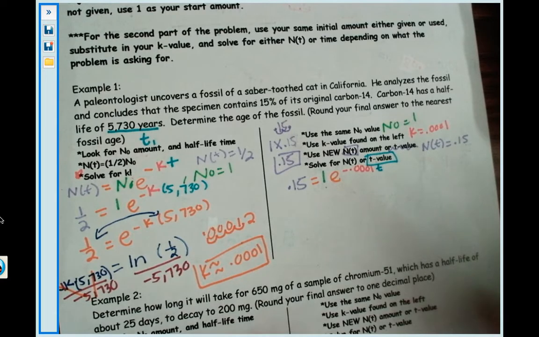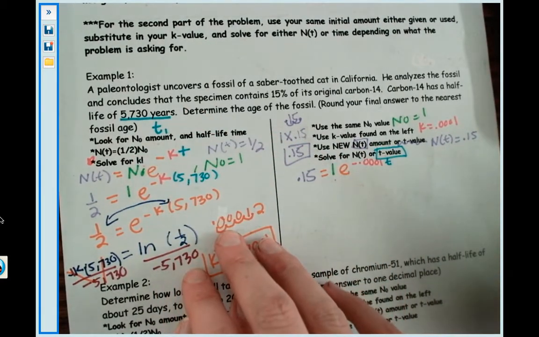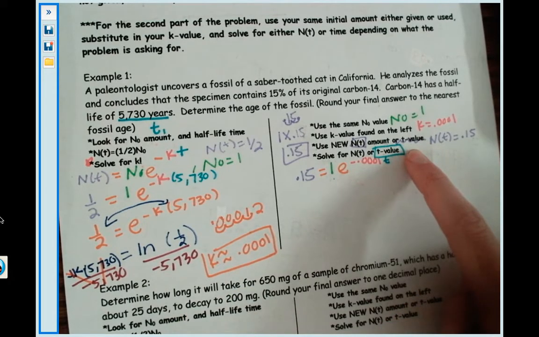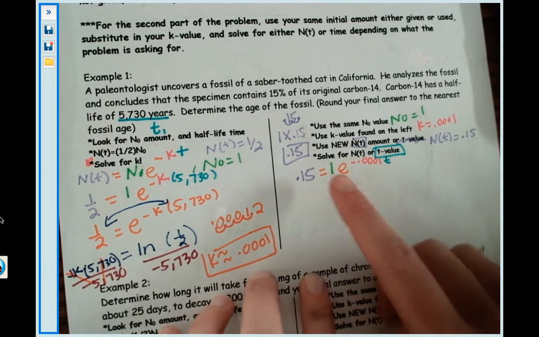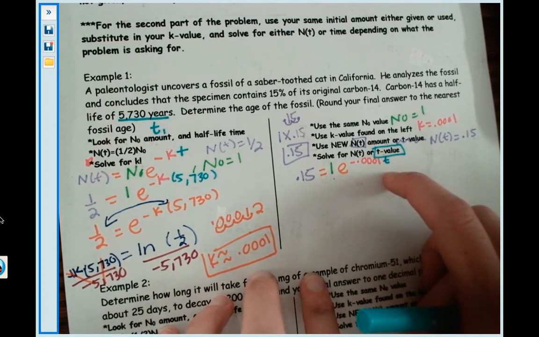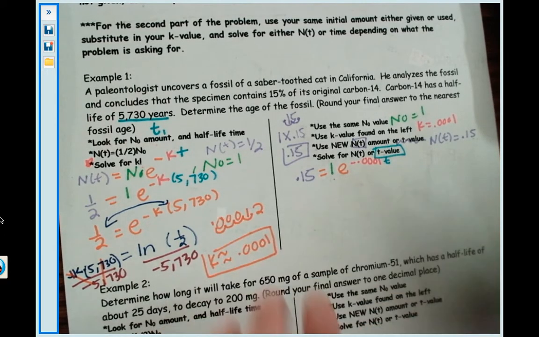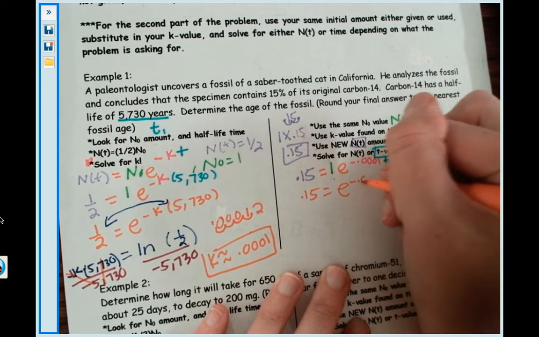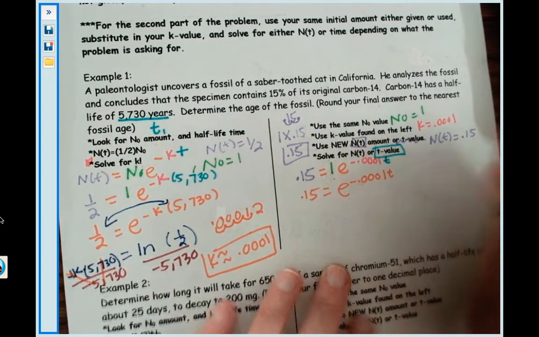Now this problem is going to flow very similar to the last problem. We're going to have to rearrange this into a log to solve for something in the exponent. Like last time, 1 times anything is itself. So I'm going to rewrite this as e to the negative 0.0001t. So this will be 0.15 equals just e to the negative 0.0001t.